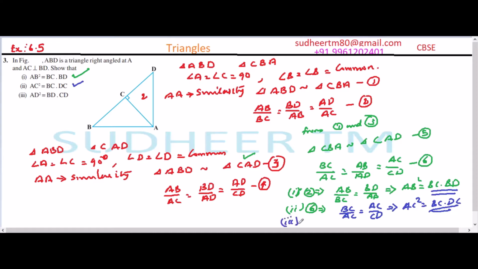Now we need to prove the third one, AD square. For that we consider equation number 4. What is equation number 4?